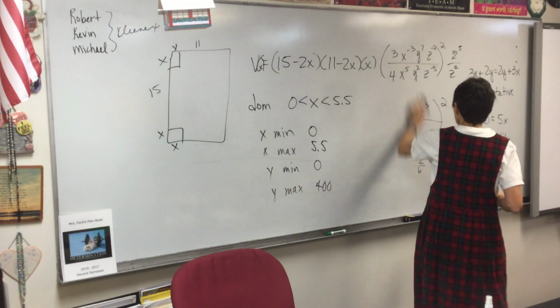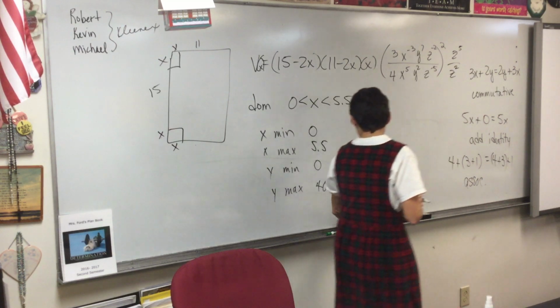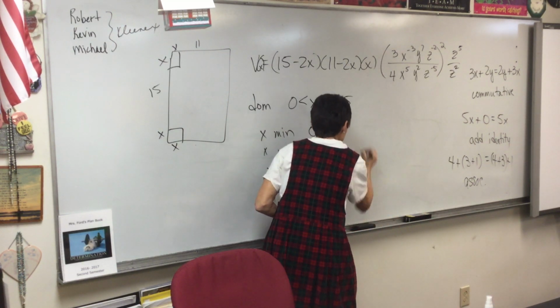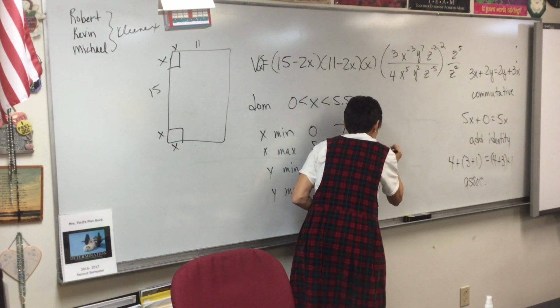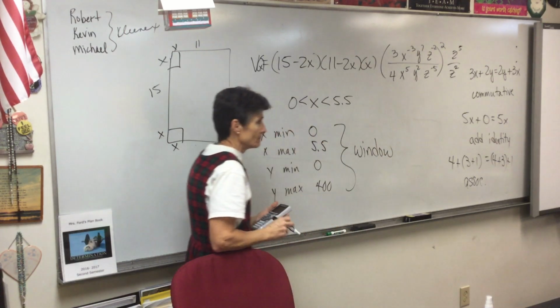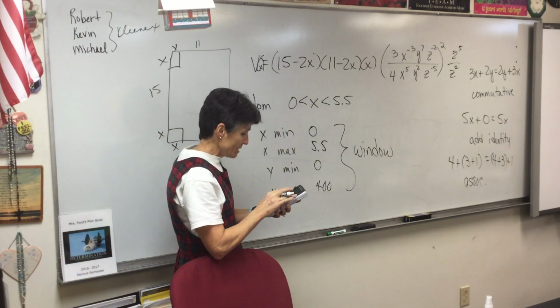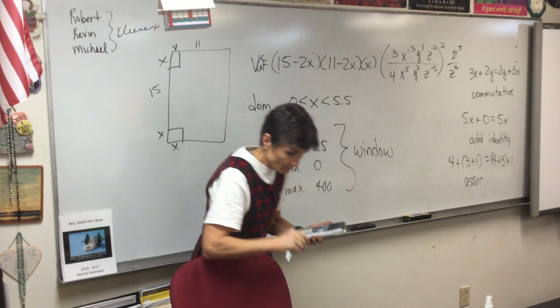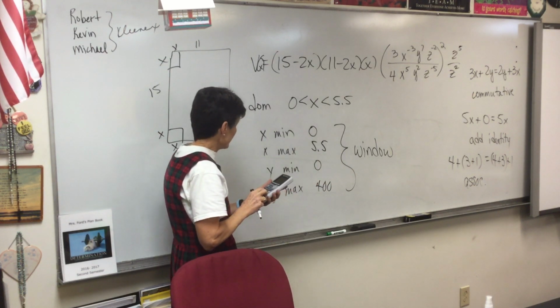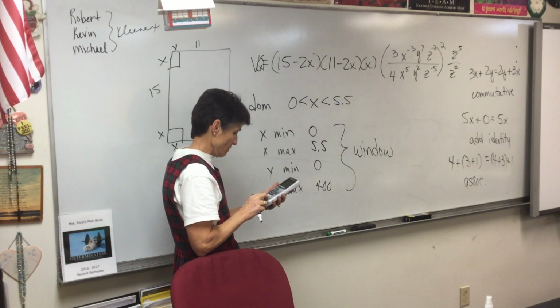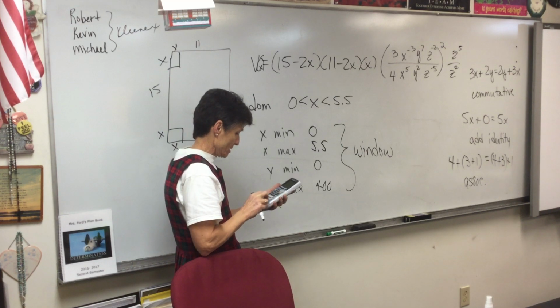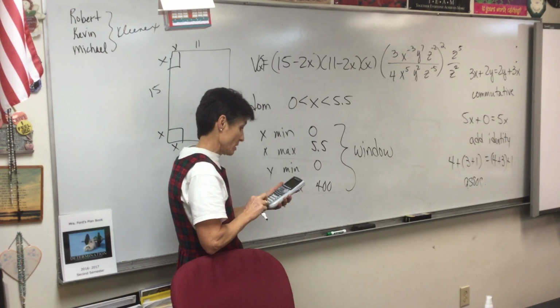So now, kids, this tells me my window. So you're going to go to your window, and you're going to have 0, 5.5, 0, and 400.